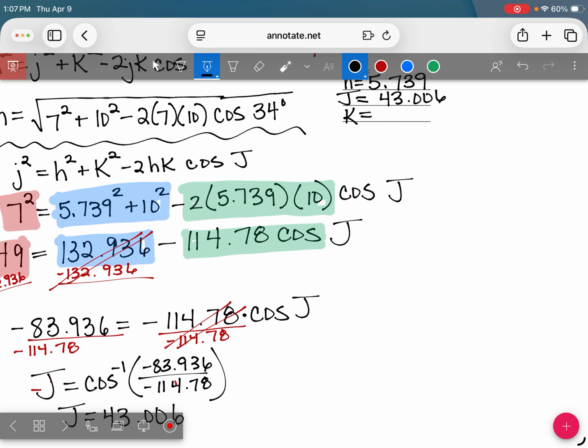Now, we can find big K easily by using triangle sum. So go ahead and find big K. Big K is going to equal 180 minus big H, which was 34, minus big J, which is 43.006.